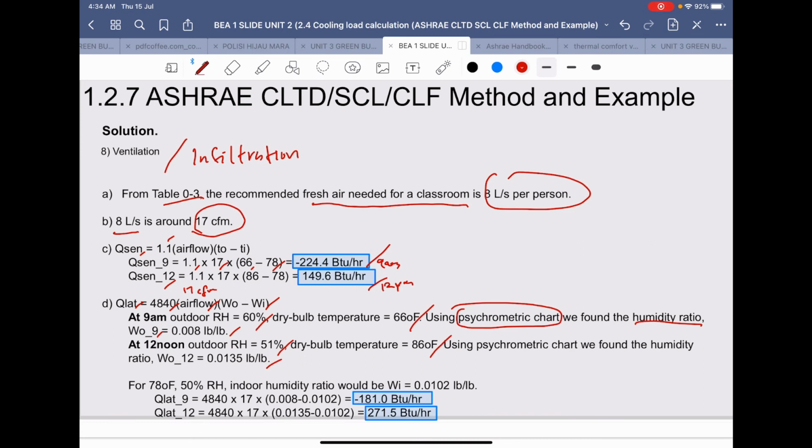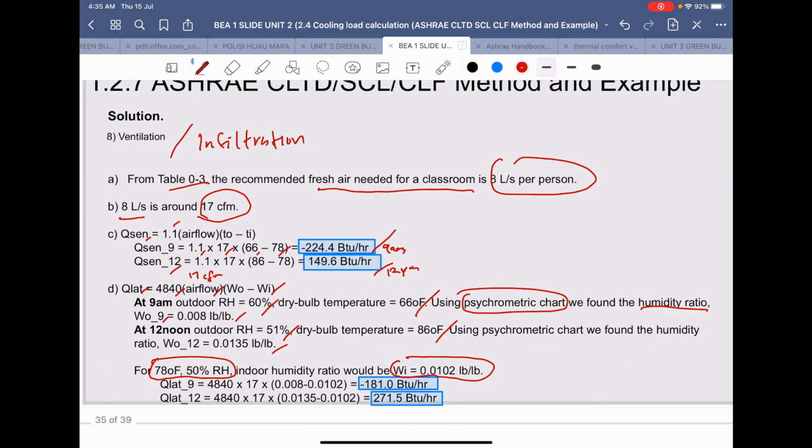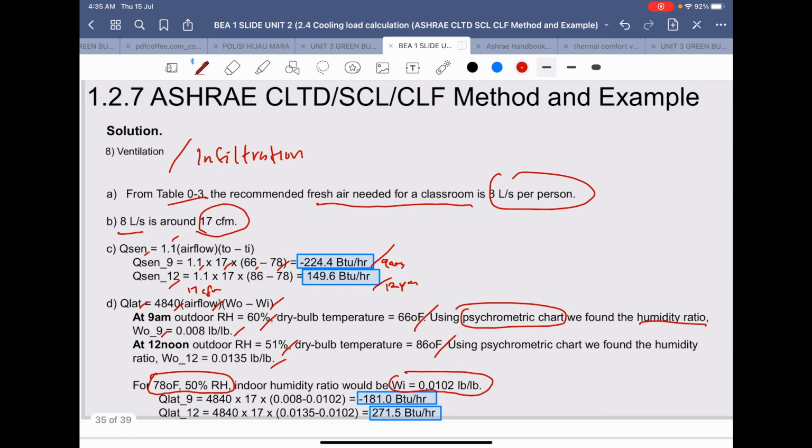So for 78 Fahrenheit, 50% RH, the indoor humidity ratio would be 0.0102 pound per pound.